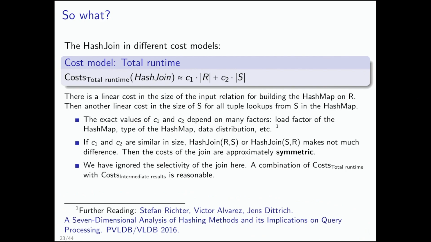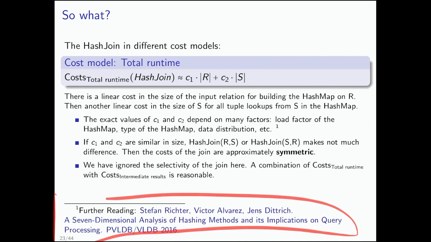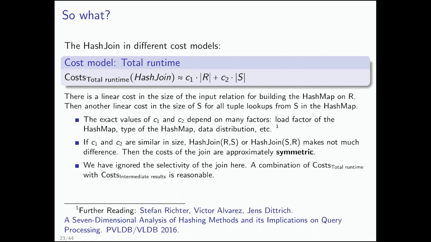It's really not some percentage, but it's orders of magnitude. You can be faster in a hash join if you choose your hash table and your hash functions particularly well.